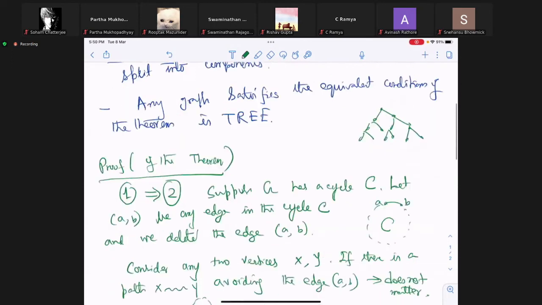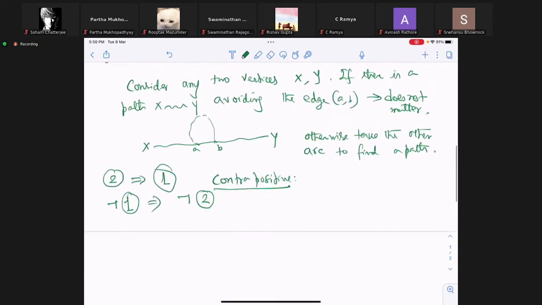That means, let the graph be not minimally connected.